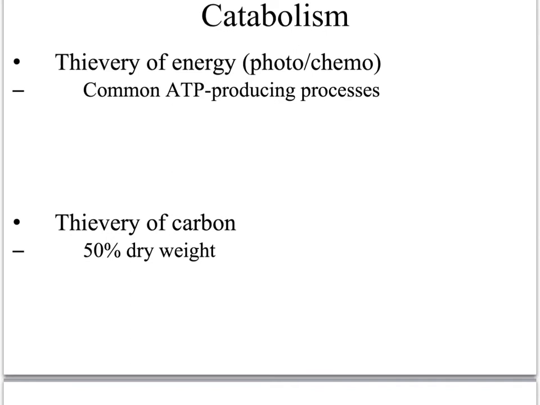I want to start by talking about catabolism as opposed to anabolism. The major take-home of catabolism is that you need to take certain things in and break them down into their component parts in order to have the cell then be able to use them for other things that it needs. Catabolism, for me, breaks down into 2 places. First, cells need to take in and use energy from the ecosystem that they're in.